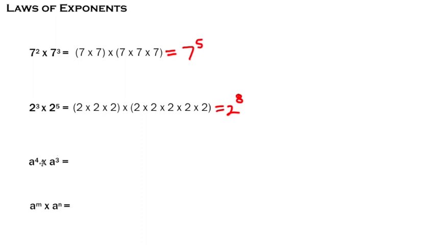I probably don't need to write out a to the 4th times a to the 3rd, because I can see that that will be a to the 7th, which means really what I'm doing is whenever you have similar bases and you're multiplying similar bases with different exponents being multiplied together, what's really happening is that you're adding the exponents together. So there's your first law.